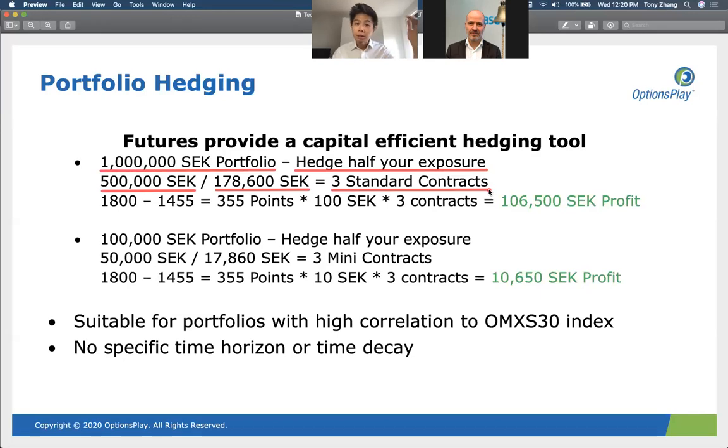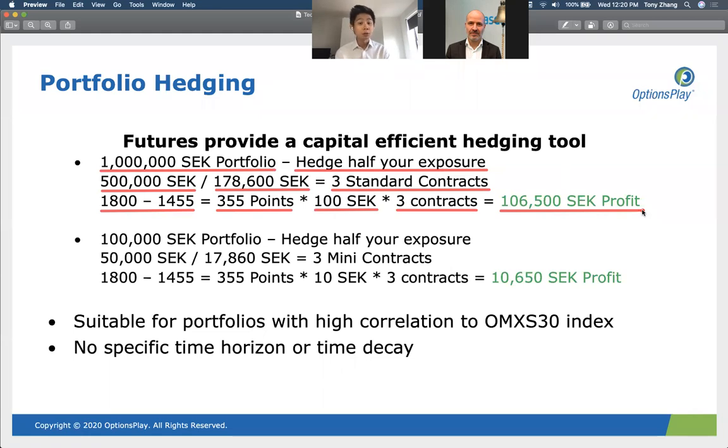So if the market declined from 1800 to 1455, that's a total of 355 points. Now we said that the full futures contract is 25 crowns per tick or 100 crowns per point. So 355 points multiplied by 100 crowns per point multiplied by the 3 contracts that you shorted would give you a 106,500 crown profit on your futures hedge.